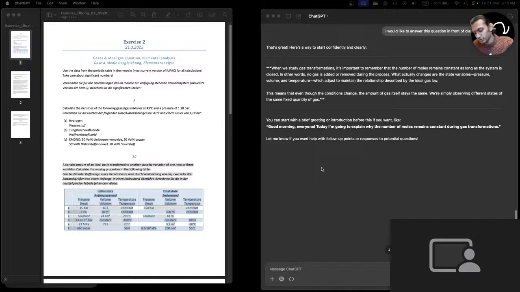So let's start with the first question. The pressure is 35 bar. From the first question, we find out that we need to find P2. We can see that P2 is the value that is missing.